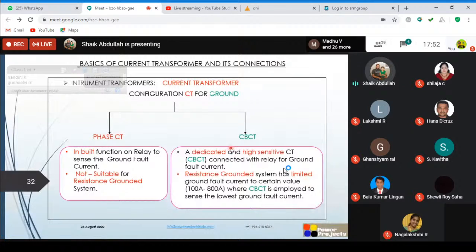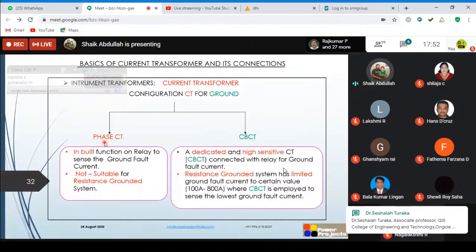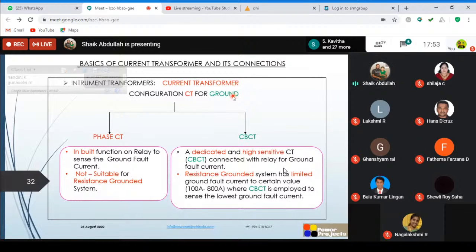Where you have a very low magnitude of earth fault current, there you are supposed to use your CBCT. Otherwise, you can go with your phase CTs. Of course, the phase CT is already configured for phase fault, phase current sensing, but the same phase CTs can be configured for ground also.